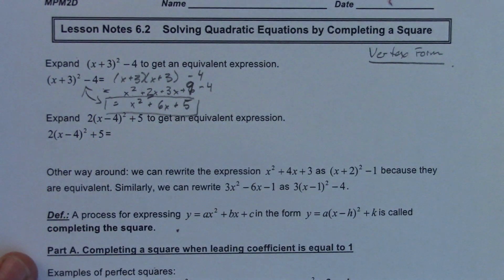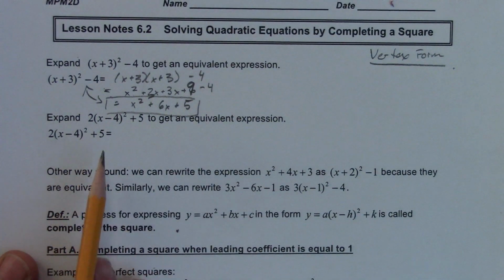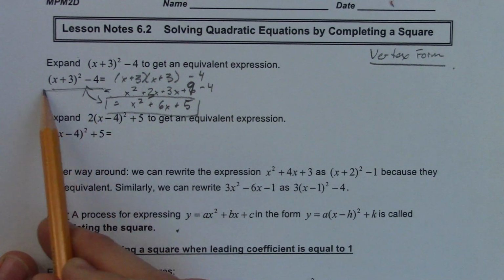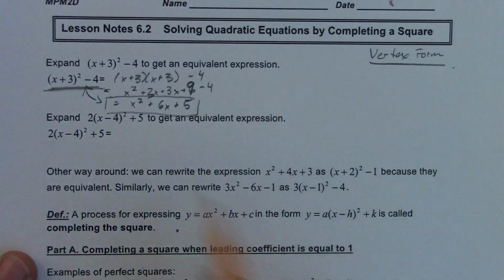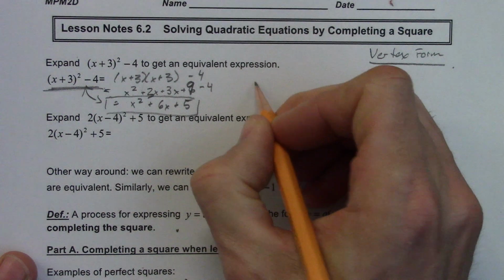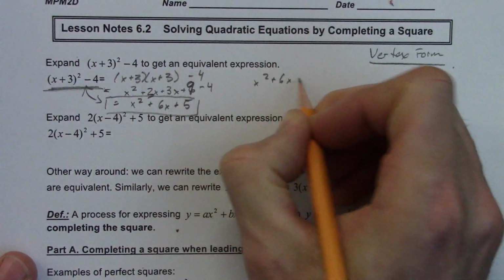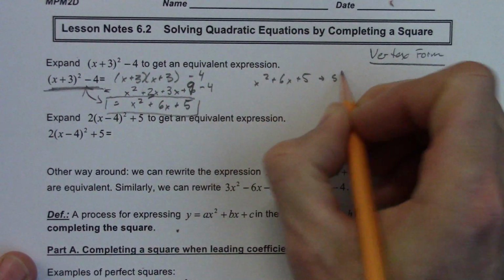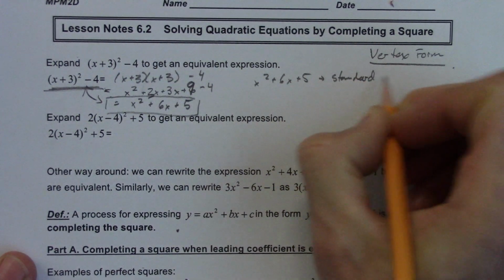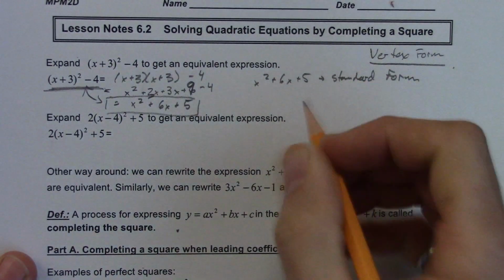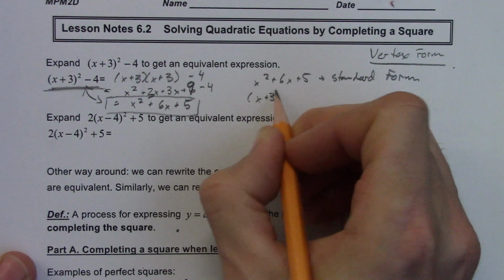Now, if we remember vertex form, it looks like this. So now we have our standard form, which is this. We've just expanded it. This is standard form, and we have our vertex form.